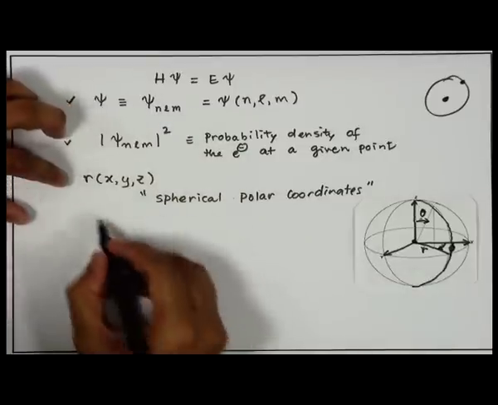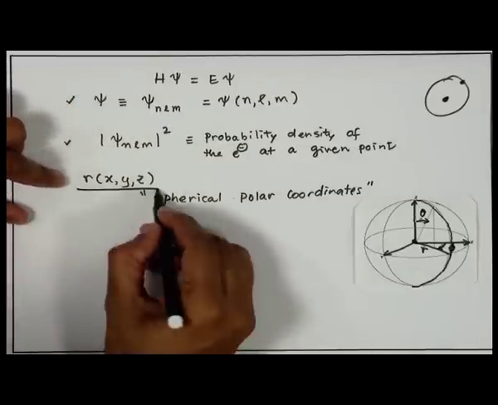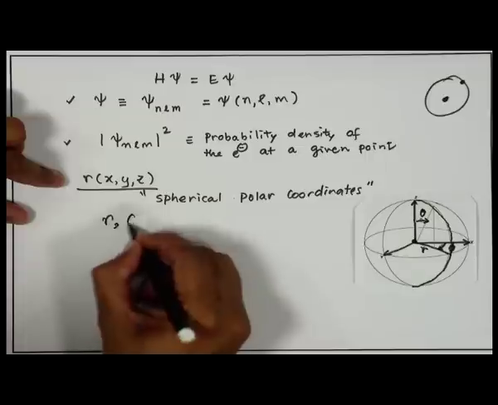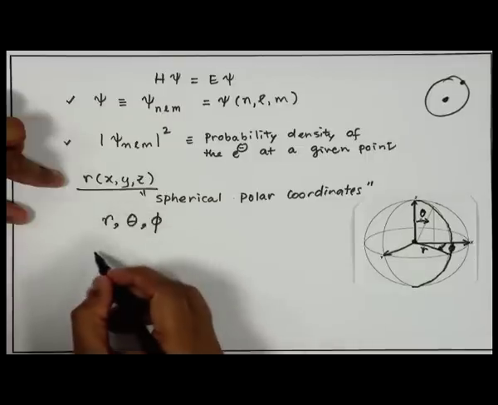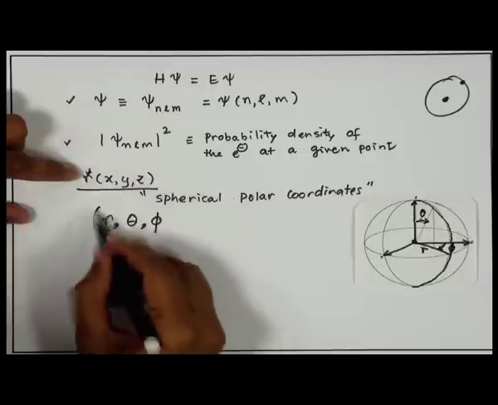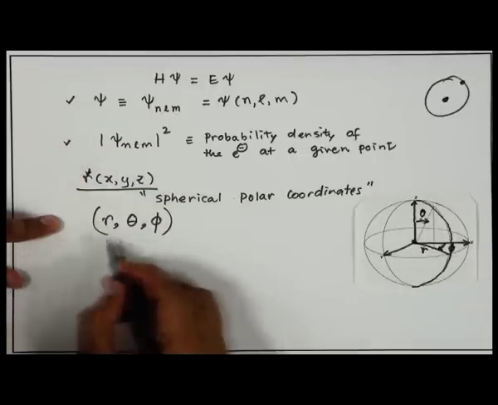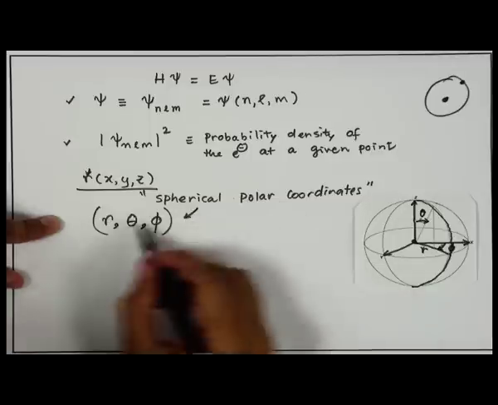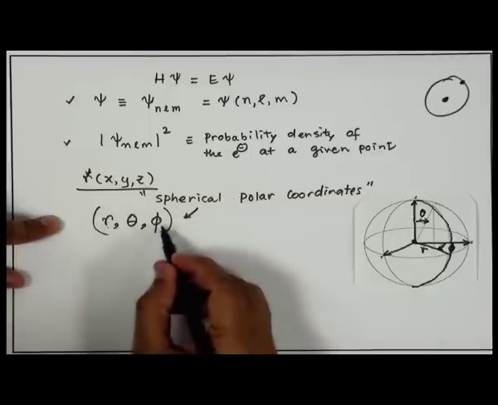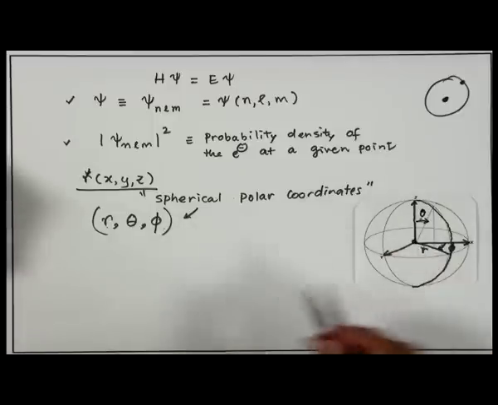So, instead of x, y, z, the position of the electron is given as r, theta, phi. This r is the radius of this sphere. I now have these 3 coordinates, r, theta and phi, using which I define the position of the electron.